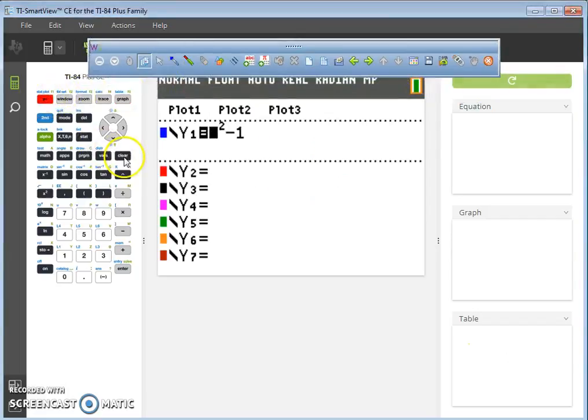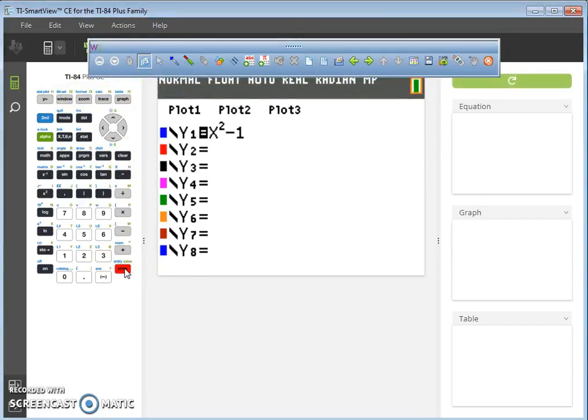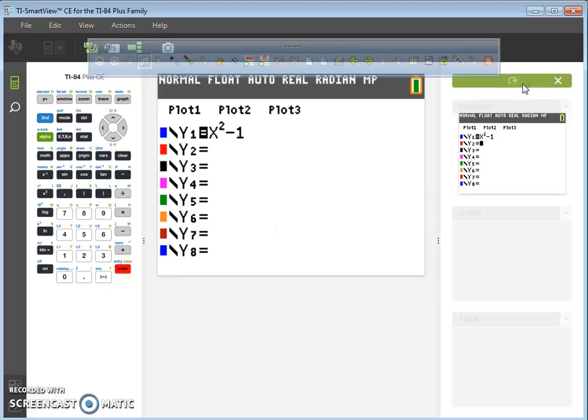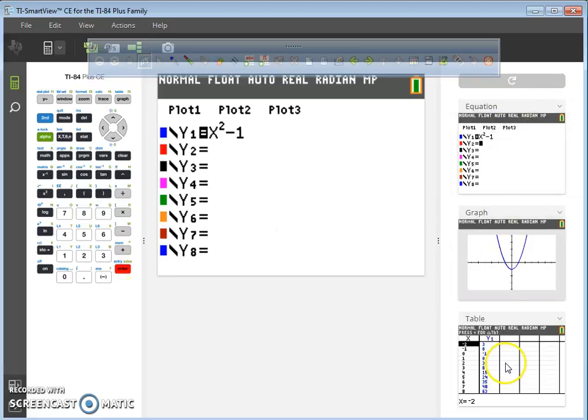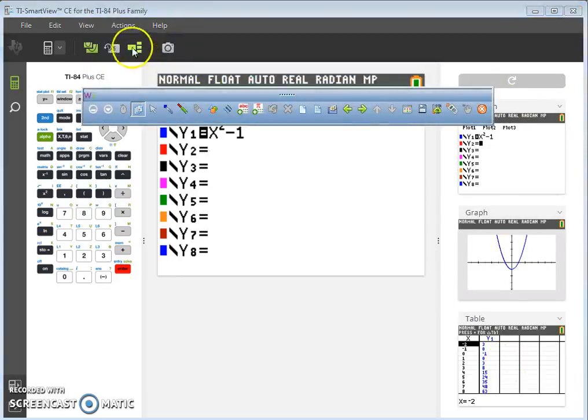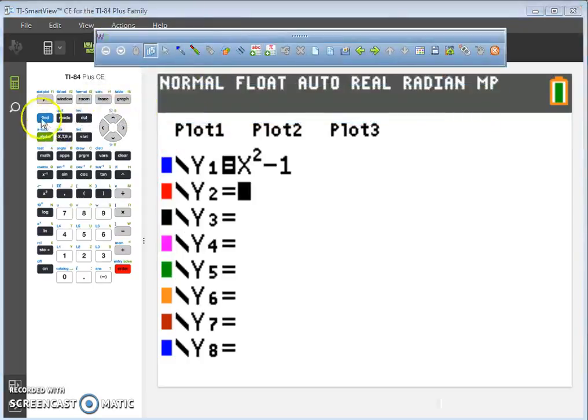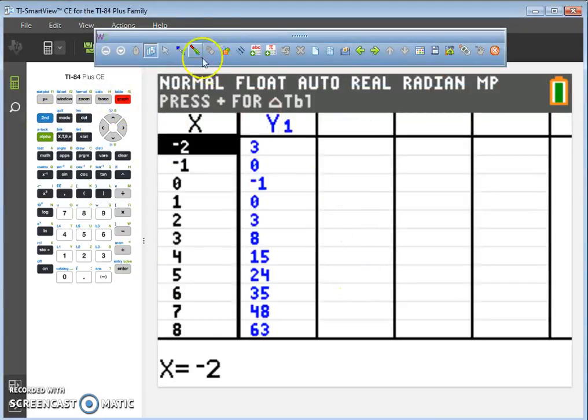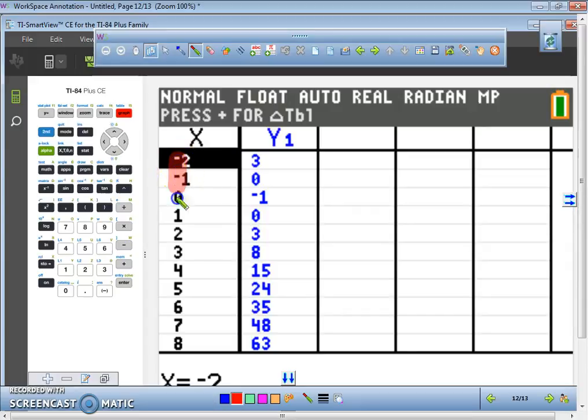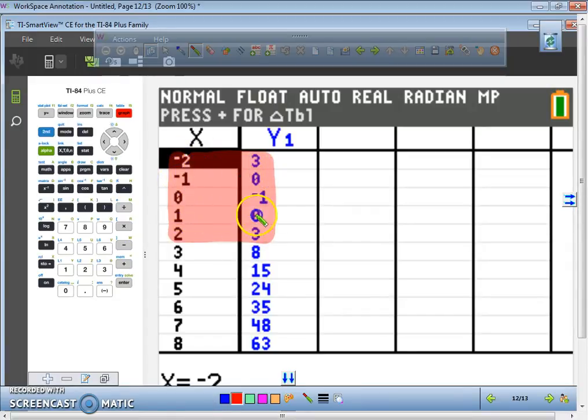See if the table pops up. Hey, there we go. Can't see anything. So much for that. Let's go to the table. Second graph. So what I want you guys to do is make a little table on your paper right here and include these points in your table that you can actually plot.